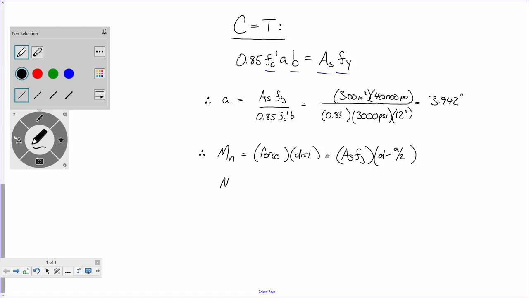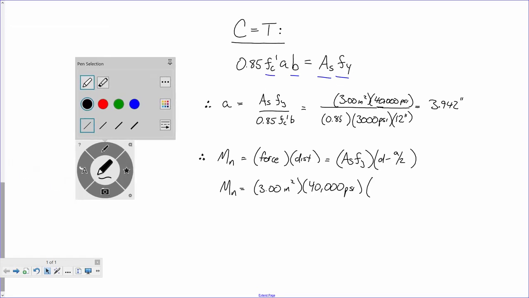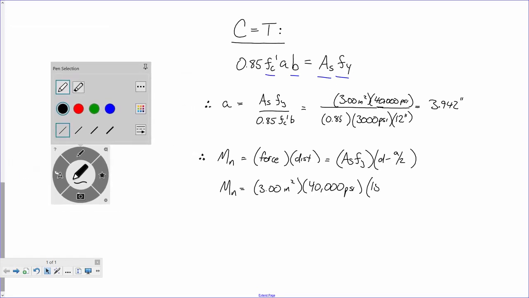So plug and chug, you get As Fy, that is 3.00 inches squared times 40,000 PSI times D. What's D for this beam? 15 inches. Remember, it's from the top of the beam to where the rebar is, minus A over 2.